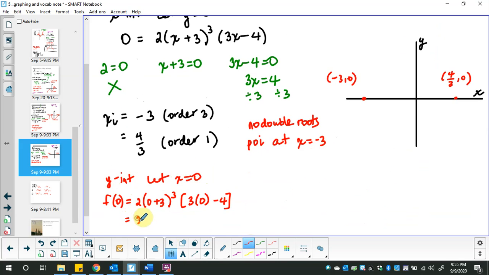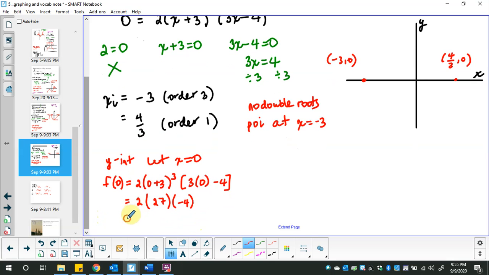All right, so 2. 0 times 3, sorry, 0 plus 3 is 3. 3 cubed is 27. 3 times 0 is 0, minus 4 is -4. So that's 54. That's -106 is the Y-intercept.